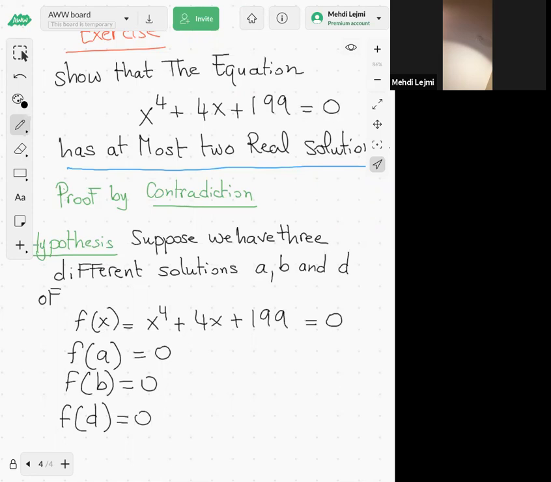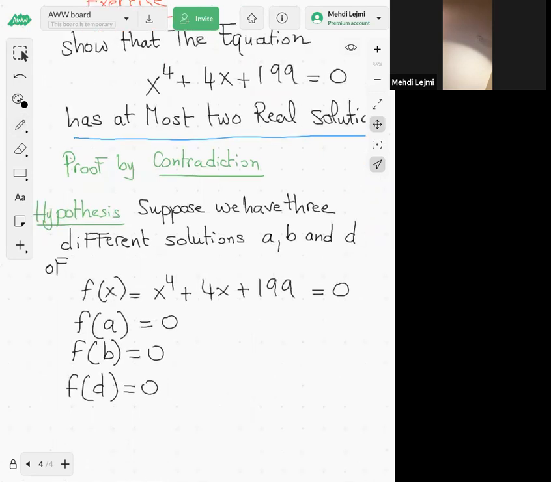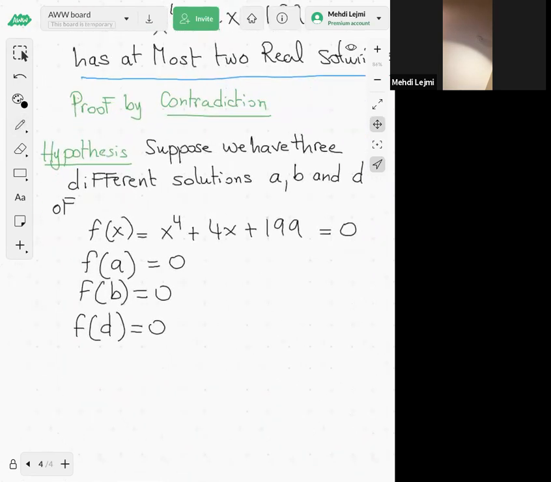Now, I'm gonna use Rolle's theorem, right? For Rolle's theorem, I need an interval AB. Without loss of generality, let's say A is less than B is less than D, okay?